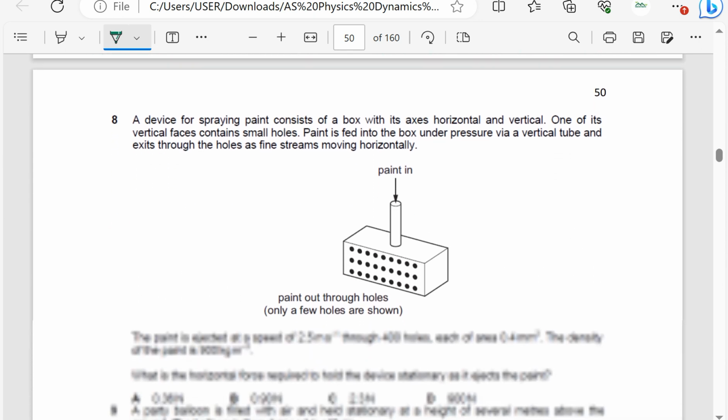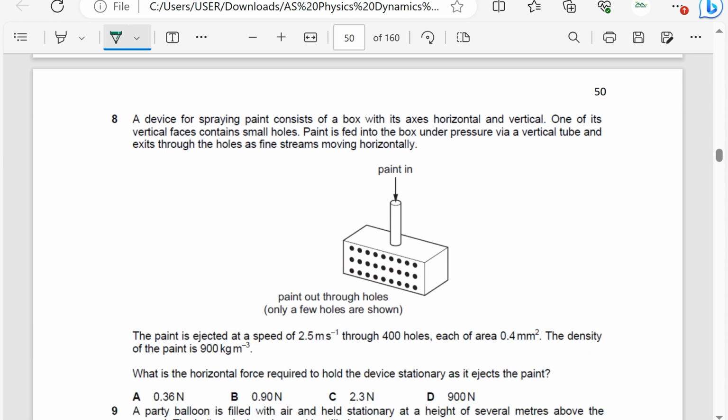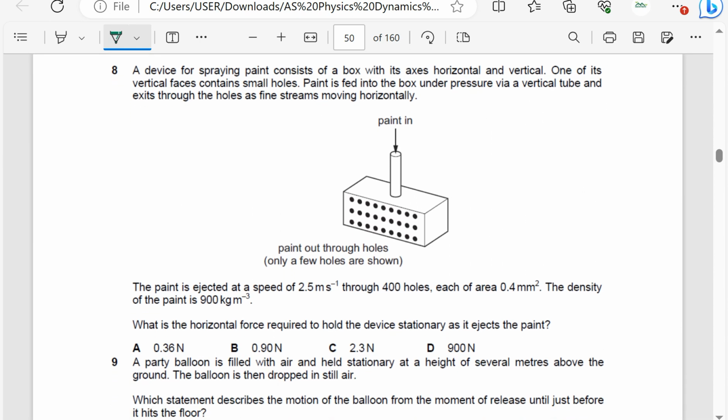A device for spraying paint consists of a box with its axis horizontal and vertical. One of its vertical faces contains small holes. Paint is fed into the box under pressure via a vertical tube and exits through the holes as fine streams moving horizontally. So paint is coming out horizontally, paint out through holes.